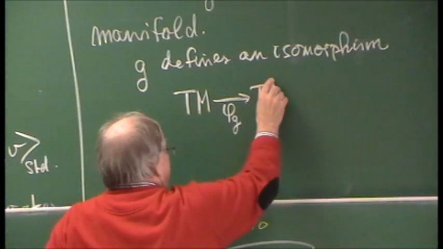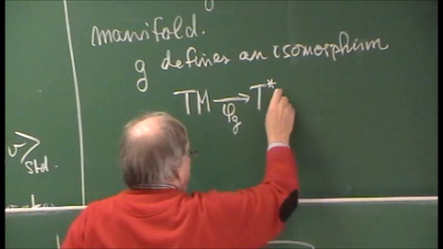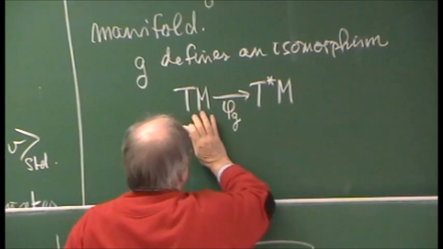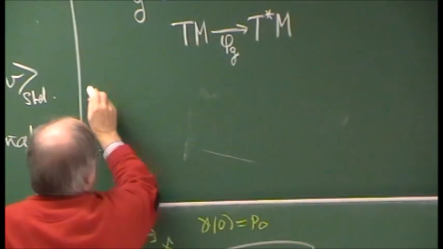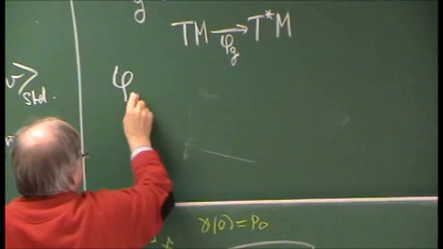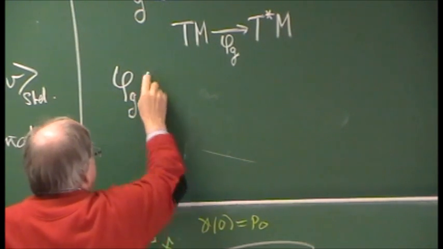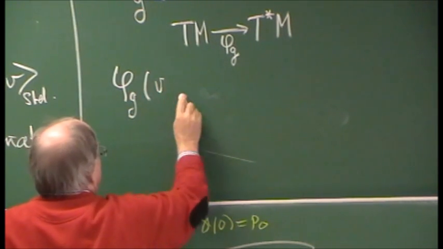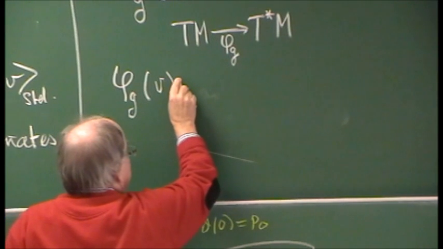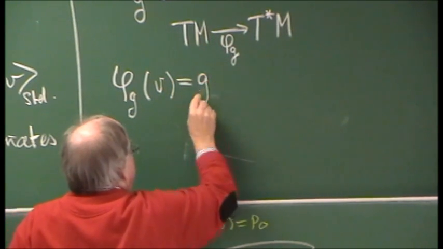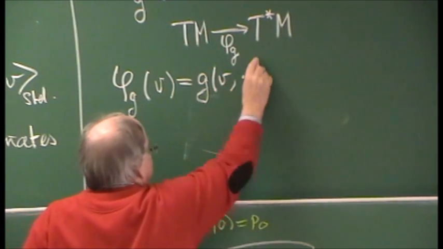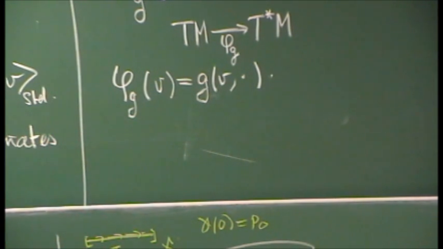So this defines an isomorphism. I think I want to go this way. Namely, phi G, I have to apply it to a vector, is the form defined by g(v, ·). A vector defines a functional.